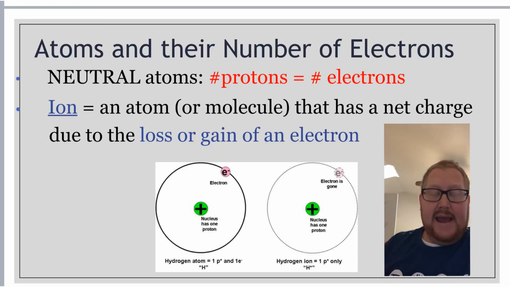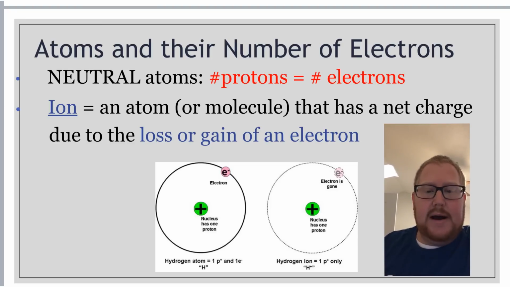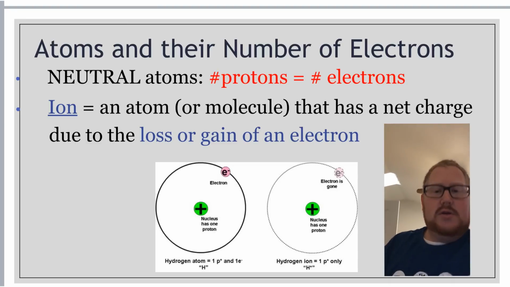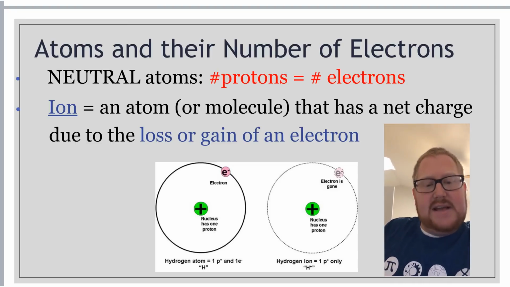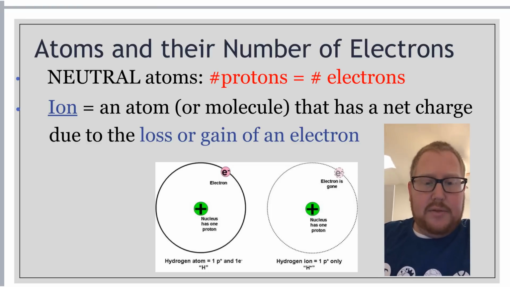So you can gain electrons, get more negatives and become negatively charged, or you can lose electrons, losing those negatives and become positive. So you have 2 types, positive and negative ions. Normally you assume that the elements on the periodic table have the same amount of electrons as protons, because the way they sit on the periodic table, they are neutral atoms.